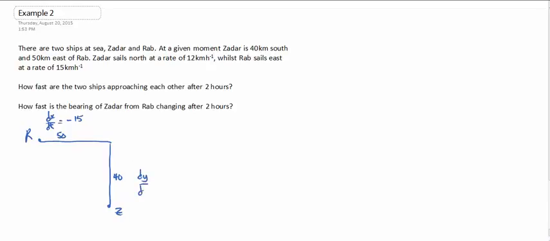So we'll say dy/dt is equal to negative 12. So those are the rates that were given in here. How fast are the two ships approaching each other after 2 hours?